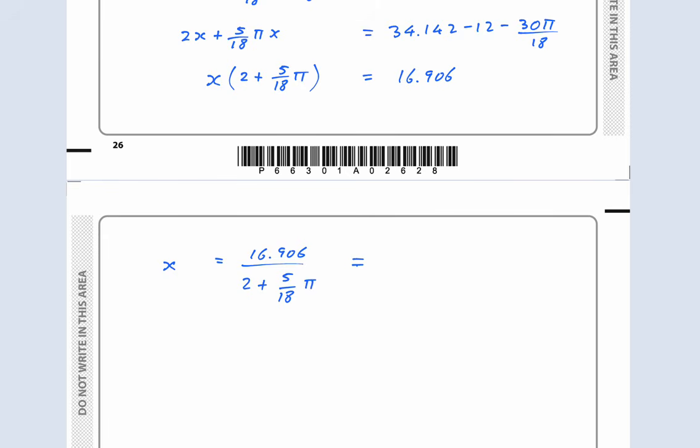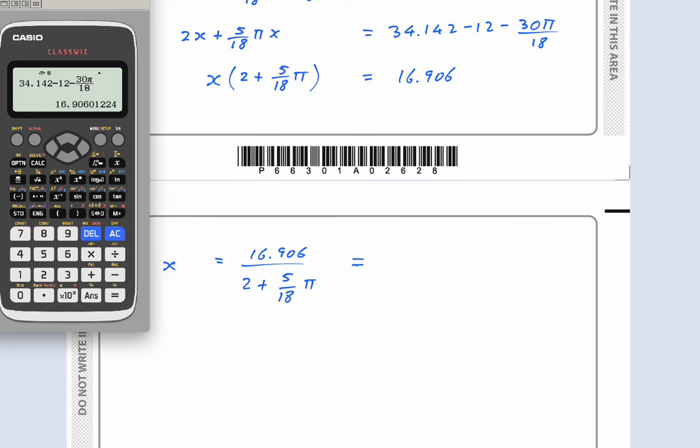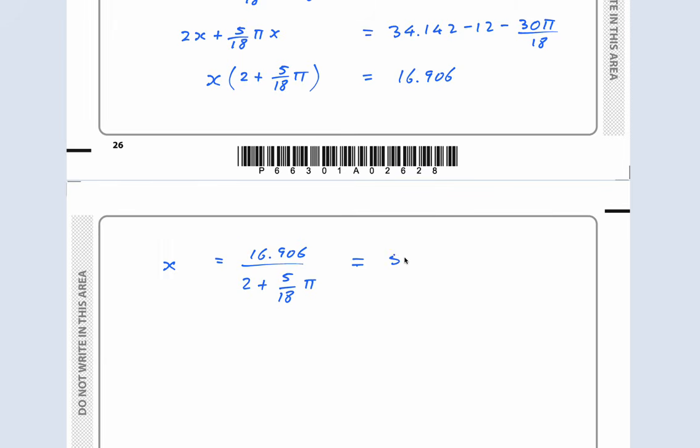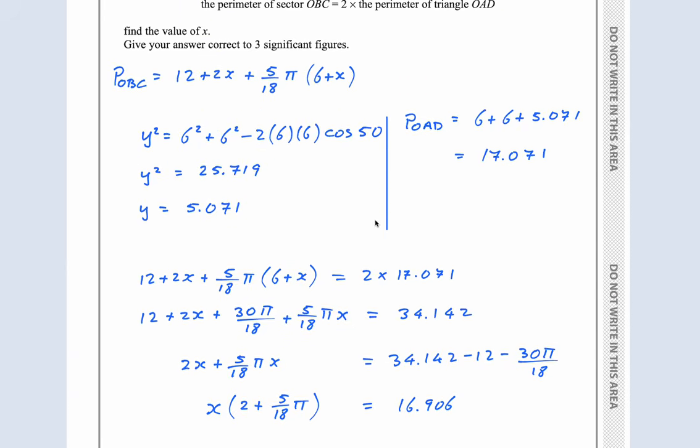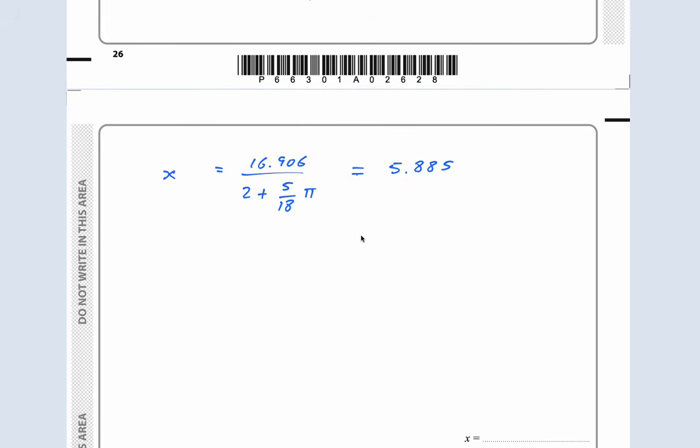Let's see if we are correct. 16.906 over 2 plus 5 over 18 pi is 5.885, which is correct. So x is equal to, I think it says 3 significant figures, 5.89.